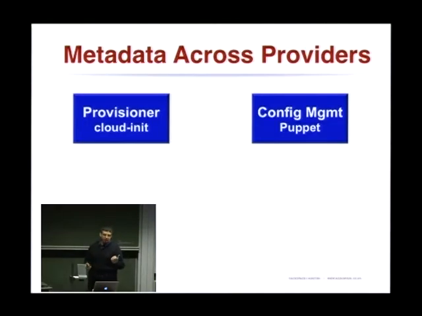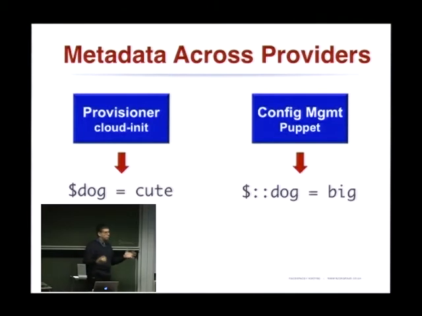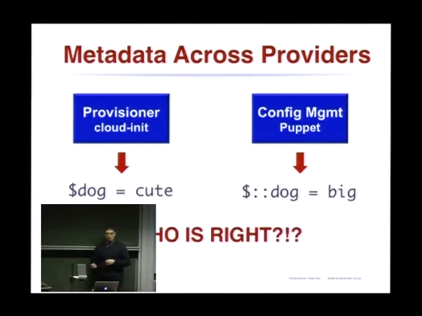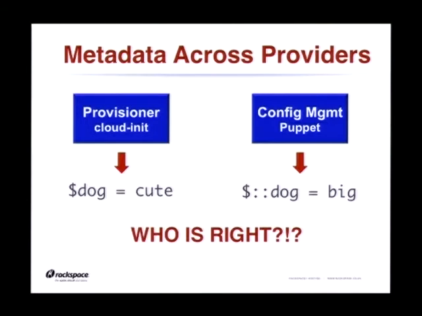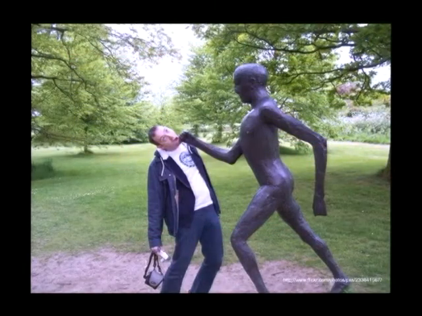So let's say in this case that you have a provisioner, which would be Cloud Init, and a config management tool like Puppet, and both of them like to define what a doc is, and they define it in completely different ways. So the problem is, who is right on that? Because again, you have the brain with the muscle all together. So what happens is that you pretty much end up punching yourself in the face, and that's not a good thing to happen, right?